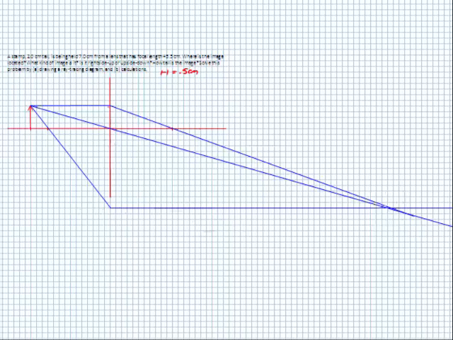And then hopefully on the right they all cross at the same spot. My principal axis isn't quite long enough, so I'm going to extend that. And then draw where the image is located.